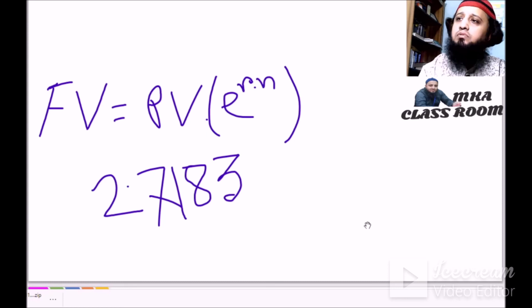If you do not have a scientific calculator, you can write down or memorize the value of e, that is 2.7183.